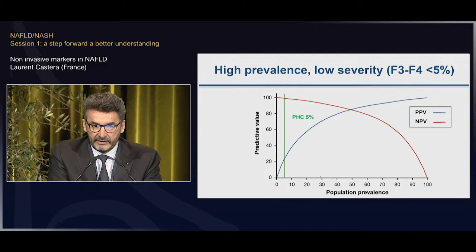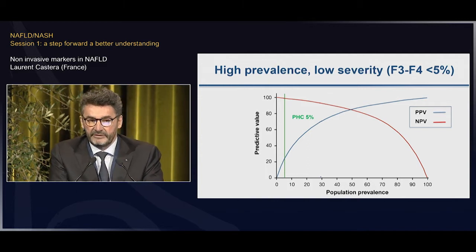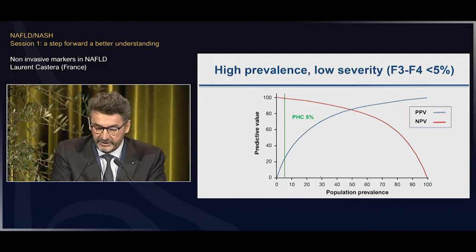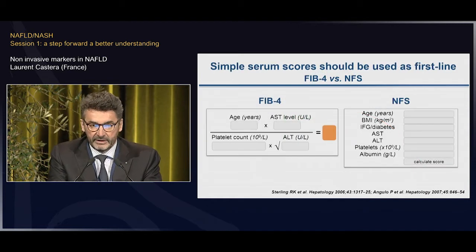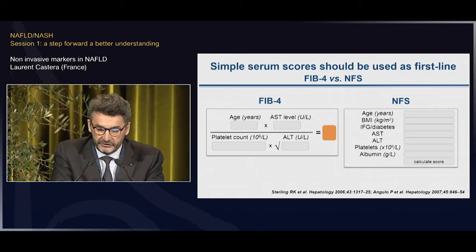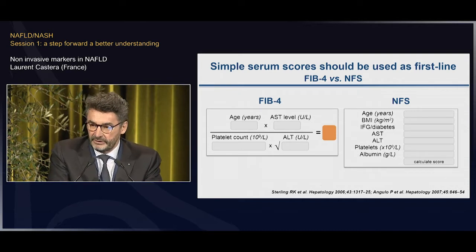We also have to take into account that despite the high prevalence, the severity is low, as I already mentioned. So which score are we going to use? If you look at the FIB-4, it's age, transaminases, platelet count. Very easy to use, like the MDRD for CKD. You can ask your lab to provide the FIB-4 for free.